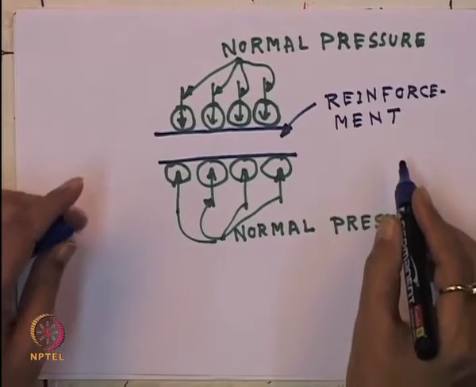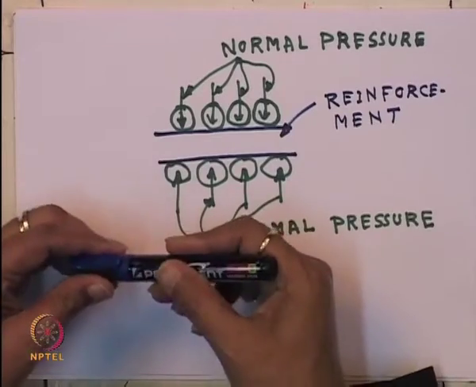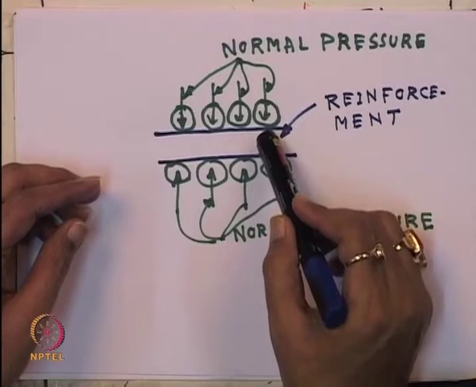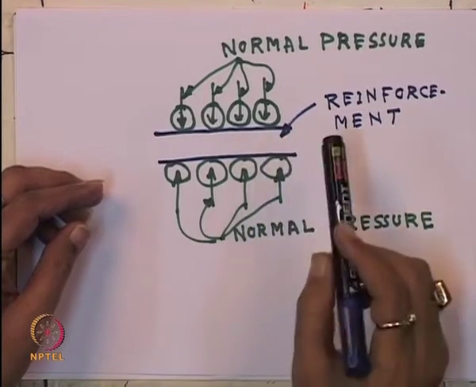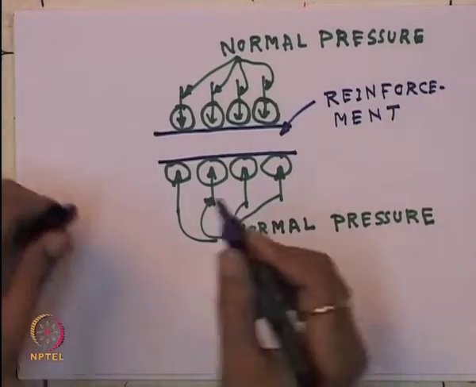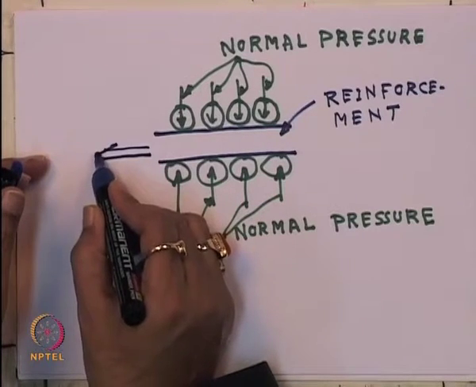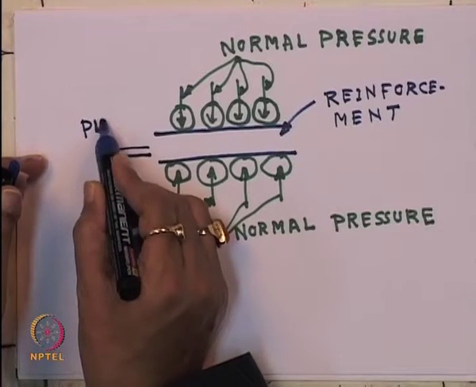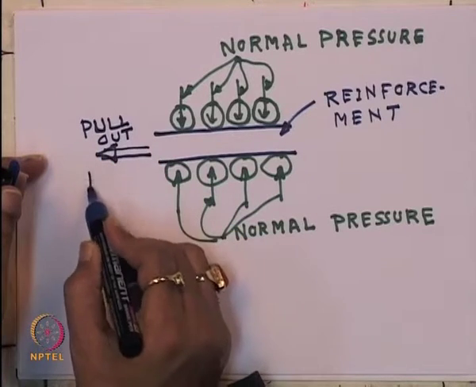This reinforcement may be steel strip, or it may be the polymer fabric, or it may be the paraweb, or it may be any plastic strip. And then you pull it out. This is pull out force.